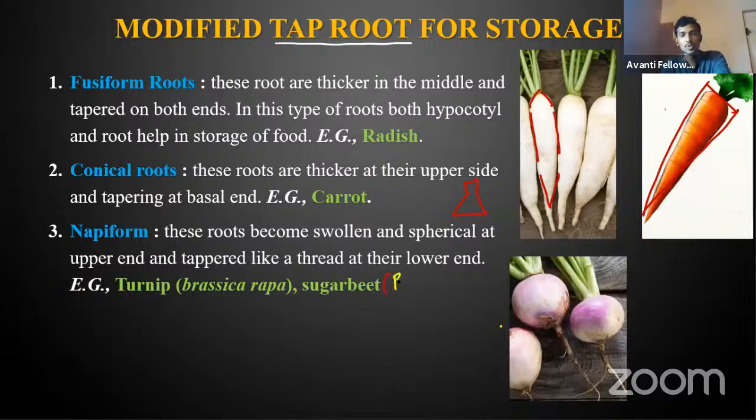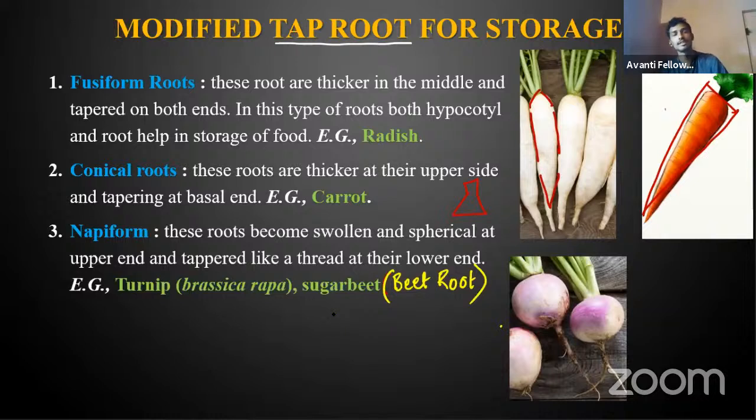Beetroot. Why do we call it sugar beet? Can anybody tell me why we call beetroot the sugar beet? Like I told you in the last but one chapter. Anybody? Is it sweet? Correct answer, it's sweet.